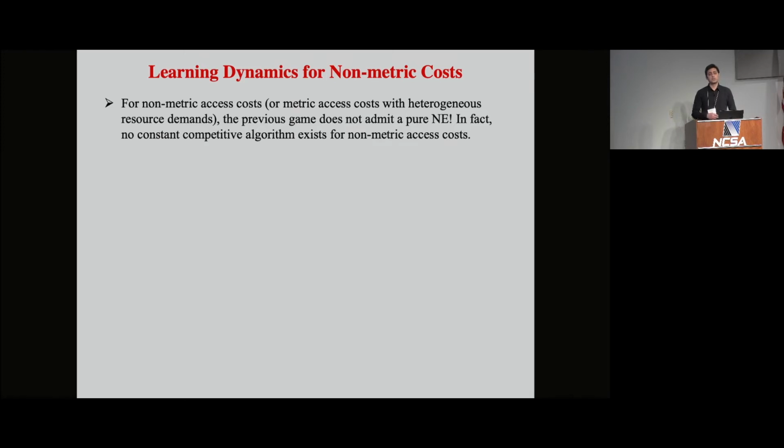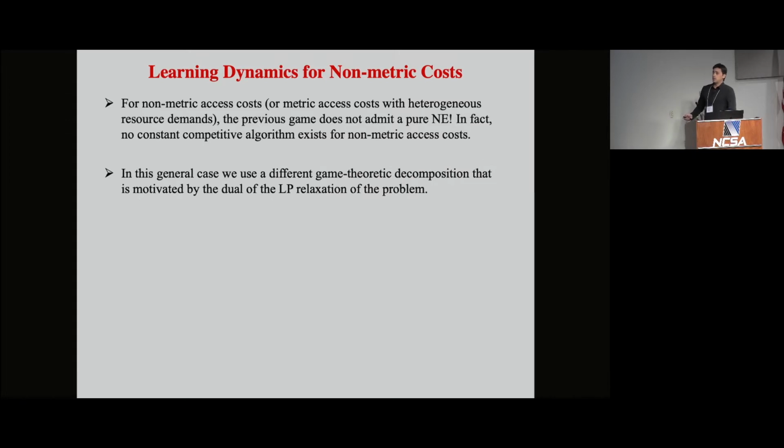So in the previous example, I assumed that the request rate for each resource is the same, is identical. Okay? But what if we have different request rates for different resources? Unfortunately, the previous argument is not going to work here because one can show that the previous game that I defined here is not a potential game anymore. It doesn't have a pure Nash equilibrium.